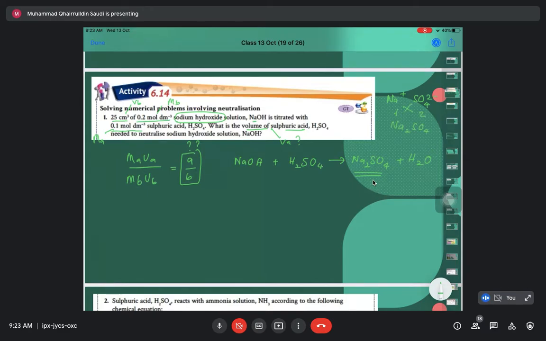Next, you have to balance it. Na has 2 because this is 2. 2O, 2H. So only one O here. So 2O, 4H now. 2H, 2H. Now it is balanced. So from this equation, what is our A and what is our B?